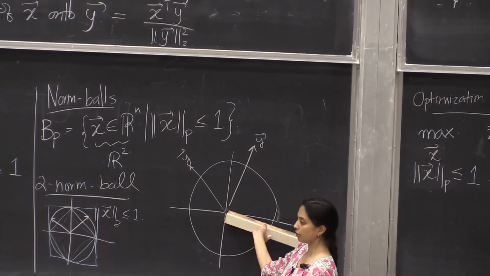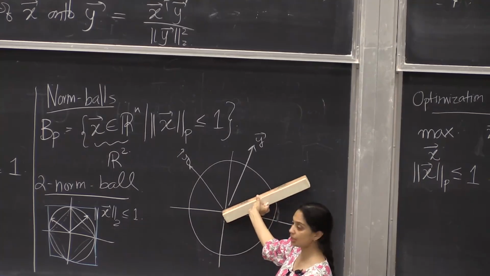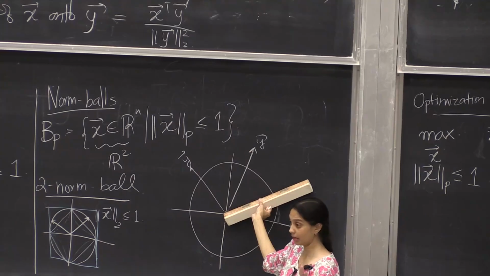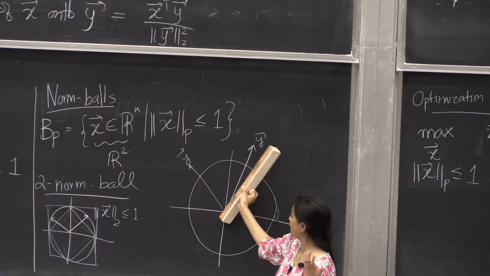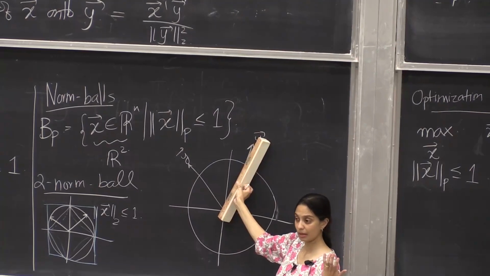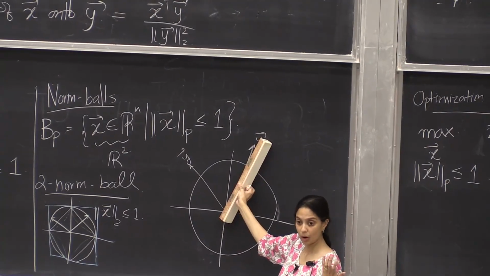If I get closer and closer to y, I keep decreasing the value of theta, which means that cosine theta keeps increasing, right? When I get exactly aligned to y, or parallel to y, what's my cosine? 1.